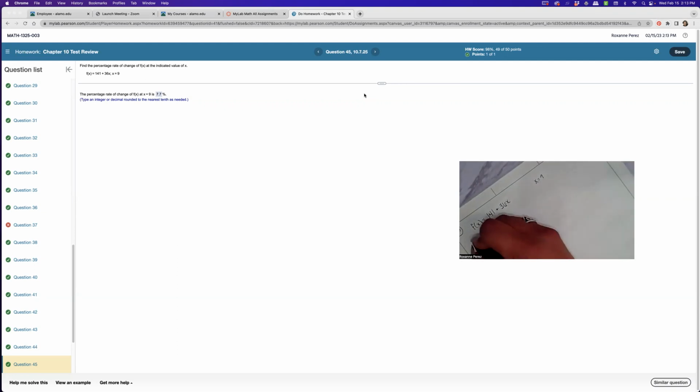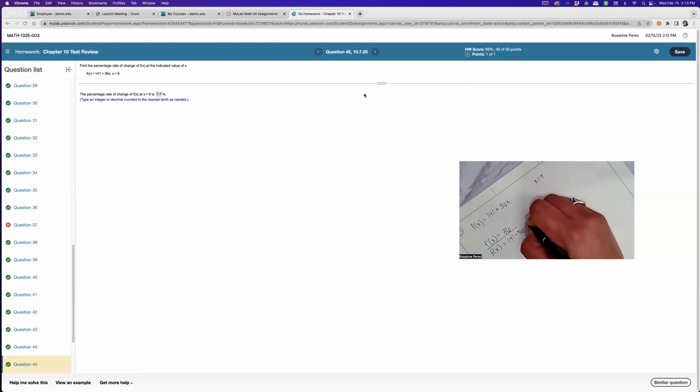So f prime of x: the derivative of the constant goes to 0, so we're left with 36, divided by f of x, the original function, 141 plus 36x.